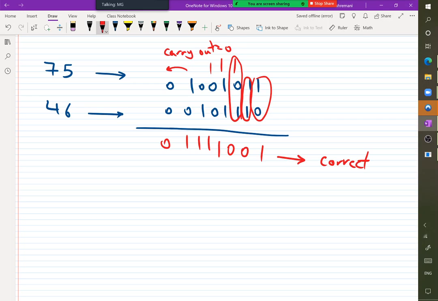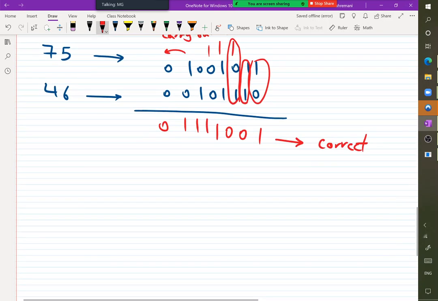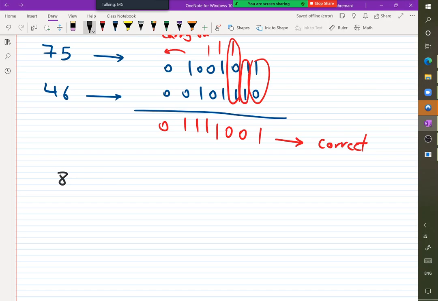So in sign magnitude, if we have a carry, the result is wrong. It means that the result is bigger than the range that can be represented with these bits. For example, with 8 bits, the leftmost bit is reserved for the sign, so we can use 7 bits to represent the value. What's the biggest number that can be represented with 7 bits?